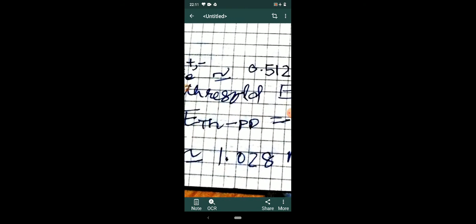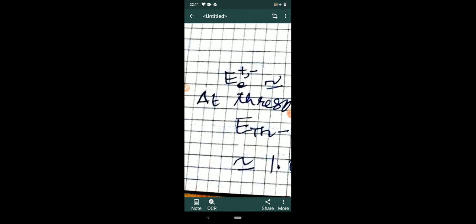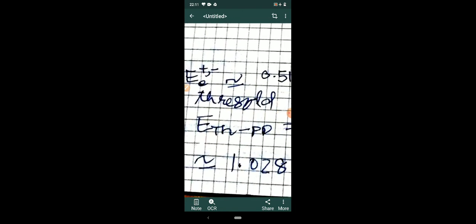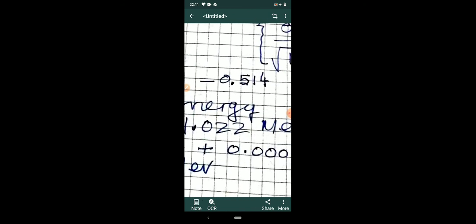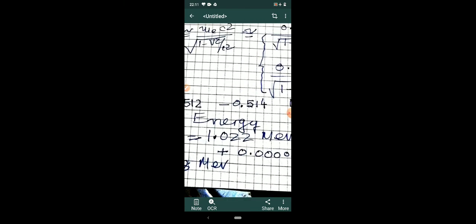So now what should be the threshold value of the energy in the pair production? You know, 1.022 MeV is the energy of the rest mass of the pair.